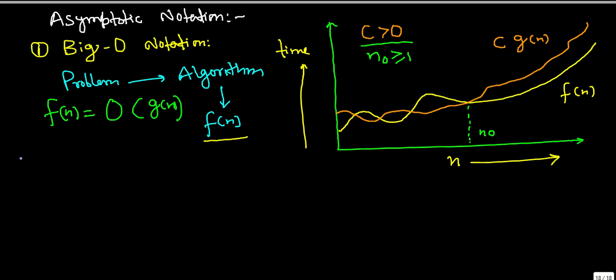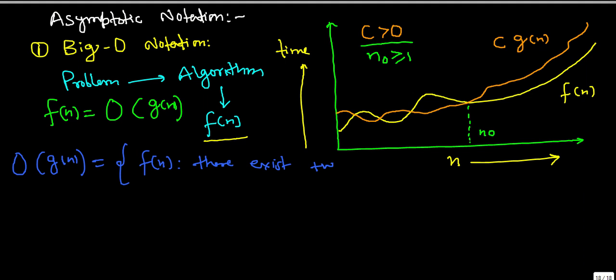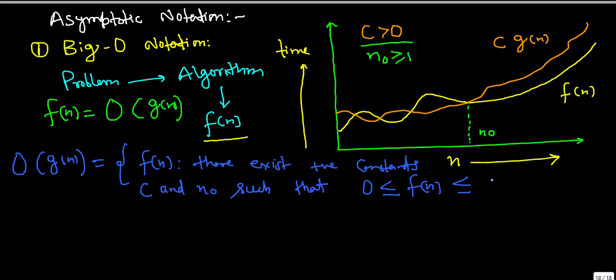If you want to define it formally, we can say that O of g(n) equals f(n) such that there exist positive constants c and n naught such that f(n) is greater than or equal to 0 and less than or equal to c into g(n) for all the values of n which are greater than or equal to n naught.